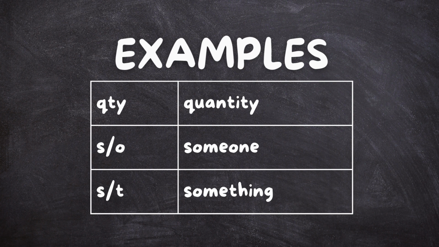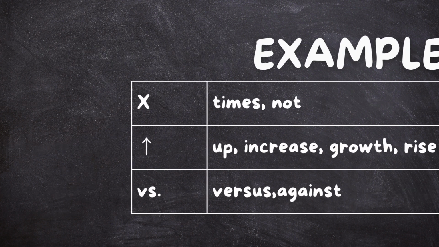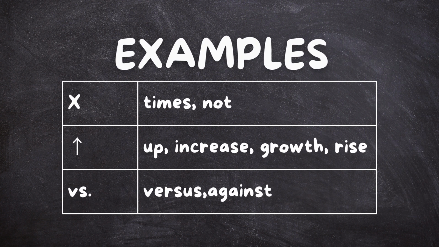S/O can represent the word someone. And then S/T can represent the word something. You can use the times symbol to represent times, or you can also use it to represent not. If you use the up arrow, that represents up or increase or growth or even rise.